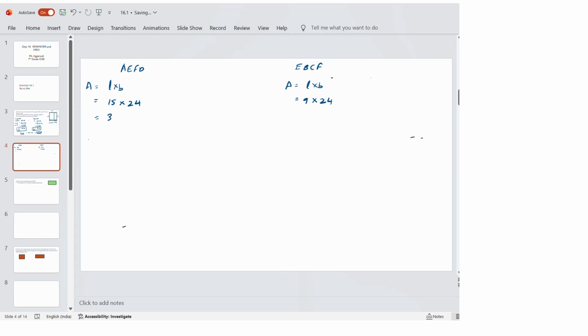This will be 360 centimeters square, and 9 into 24 would be 216 centimeters square. So how much does one exceed the other? 360 minus 216, which is equal to 144 centimeters square. That's your answer.